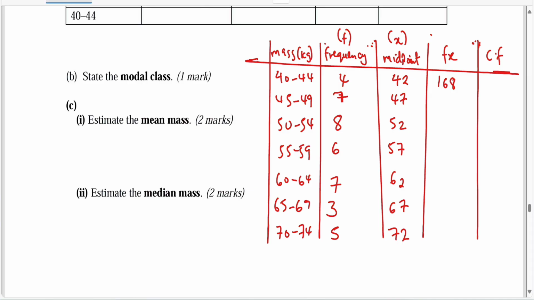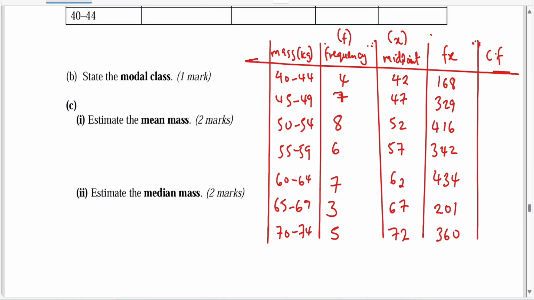But 7 times 7 is 329. 52 times 8 ni 416. 57 times 6 ni 342. Okay. 62 times 7 ni 434. We can confirm. 67 times 3 ni 201. And 5 times 72 ni 360.